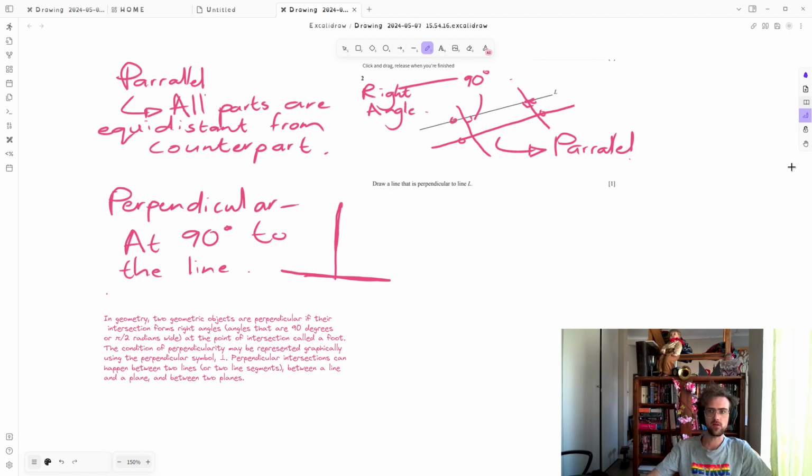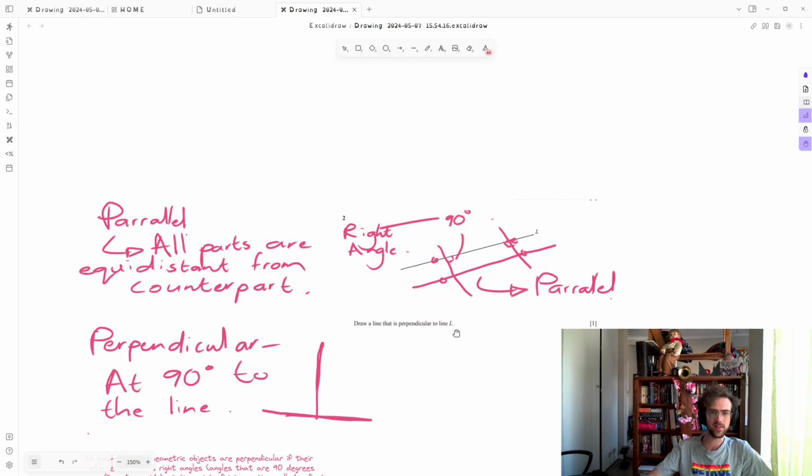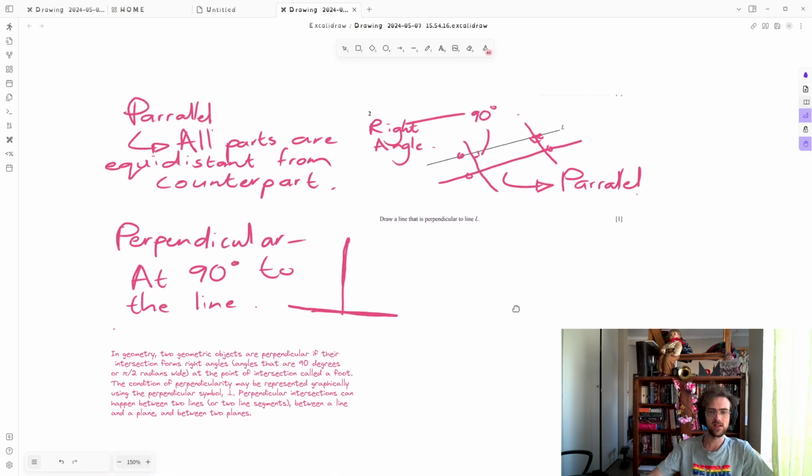So let's look at the question now, finally, after all of that. It says, draw a line that is perpendicular to L. So where would I draw this line?